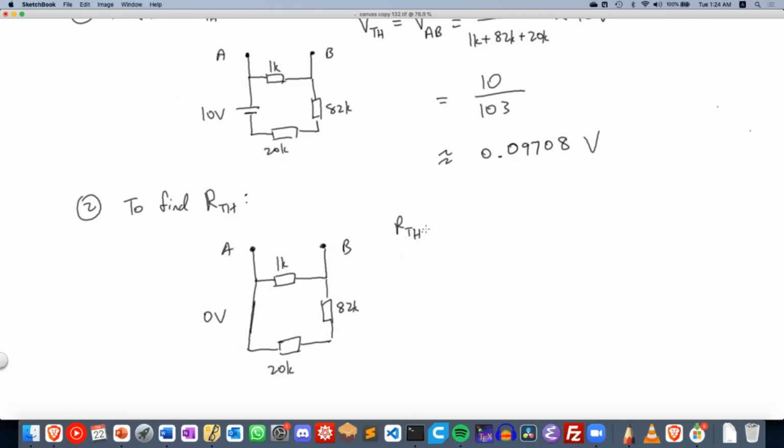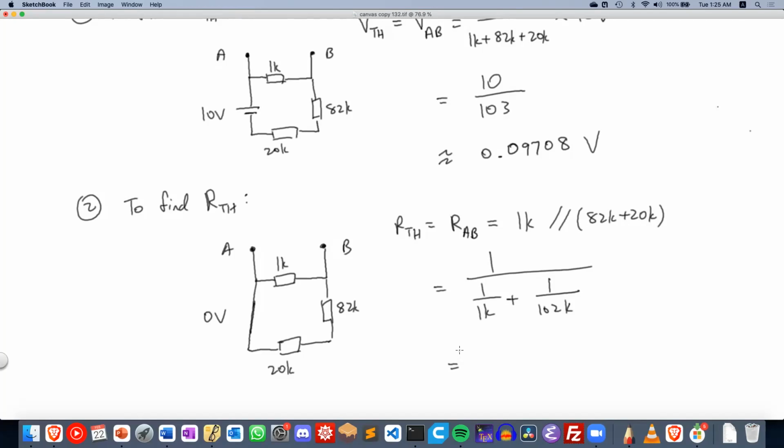So RTH, by Thevenin's theorem, is equal to the effective resistance between A and B viewed from the external, and that equals your 1K resistor in parallel with your 82K plus 20K, because these two are in series. 82K plus 20K gives you 102K, and if we plug it into our calculator, that will give you approximately 990 ohms.